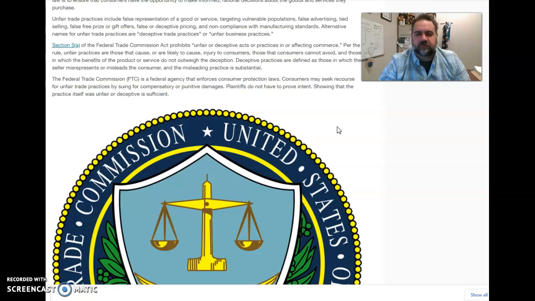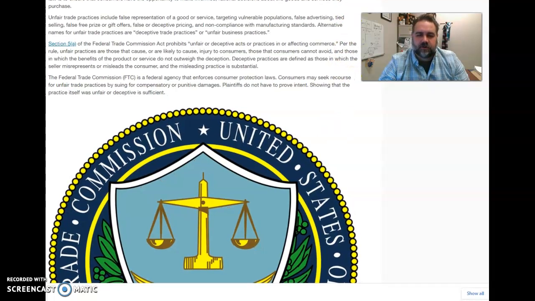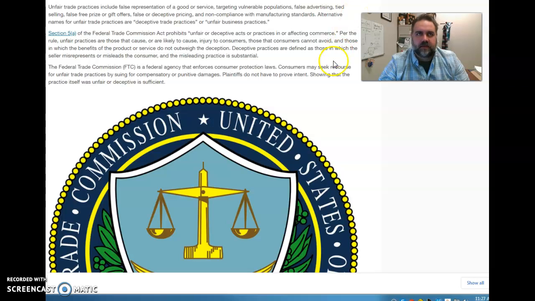You've heard probably the expression lemons in the car business. When you buy a brand new car, there's an expectation that it will perform a certain way. If you ever buy used cars, which I do recommend, a used car will have an as-is clause attached to it, meaning that you're buying that car as is, because the government has determined that buying a used car is a gamble.